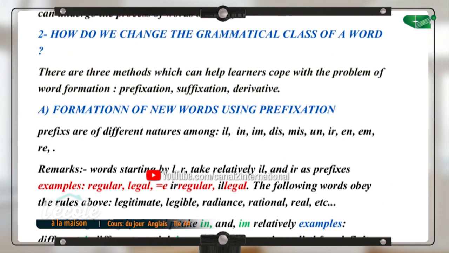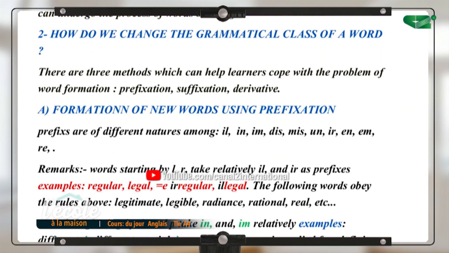We have about 10 prefixes listed here. But we are not saying that this is a complete list of all the prefixes. No, we are only trying to number those which are recurrent, the ones constantly used in our day-to-day usage of language.